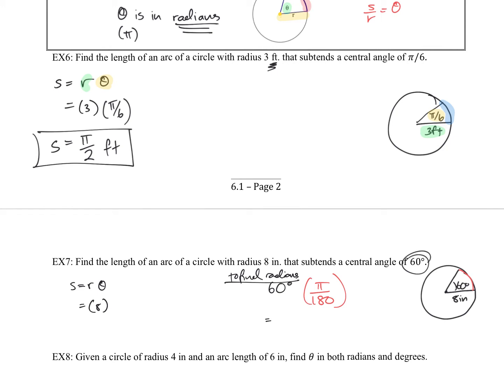The zeros cancel each other out, and then 18 and 6 simplify, and we're left with 3. So our answer is pi over 3, unless you remembered that 60 degrees is pi over 3, which some of you may have memorized. And that comes out to, and we can't really simplify that, 8 pi over 3, and our unit is inches. So that is the length of the arc.